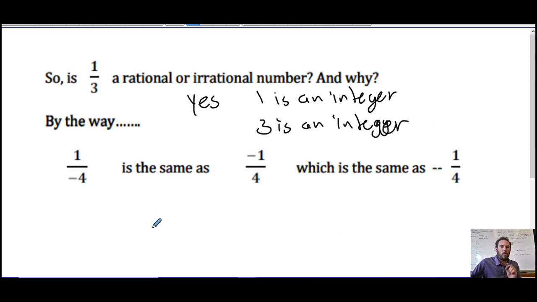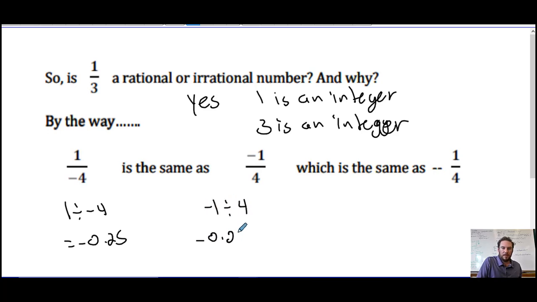Now, one more thing before we call it a day in this video, but we have to recognize how negatives work. Because these fractions can be considered divisions, what we notice is that if I were to take a calculator and do 1 divided by -4, I get -0.25. And if I were to do -1 divided by 4, I get -0.25.